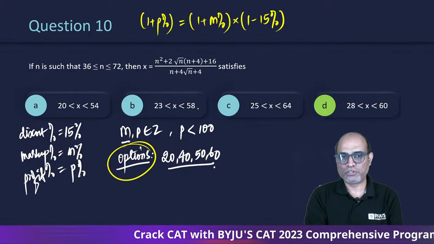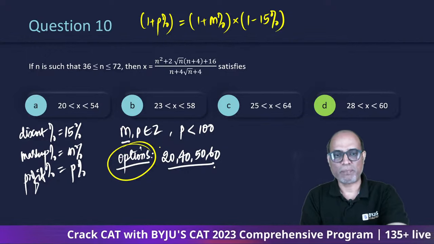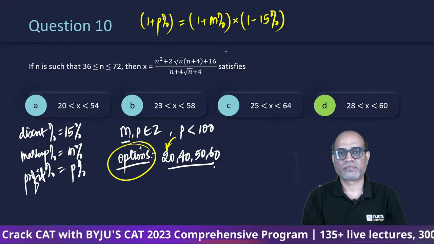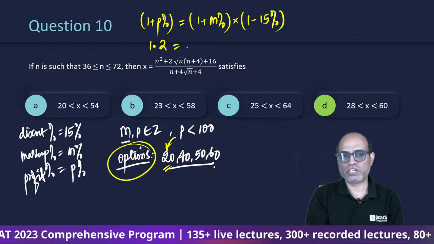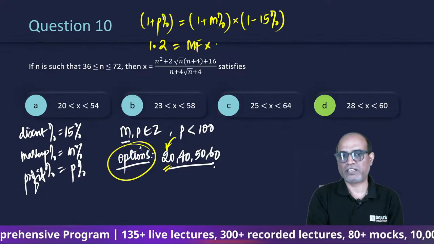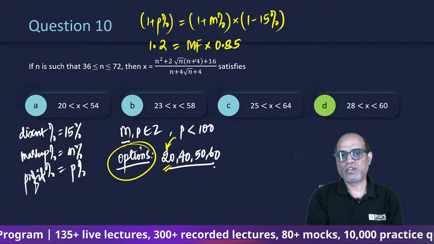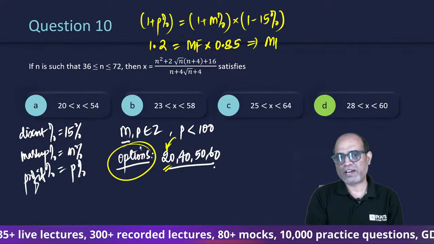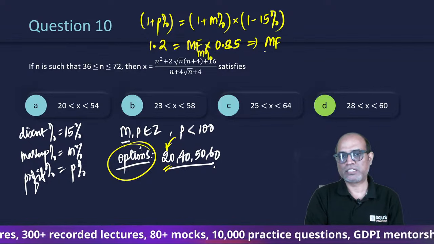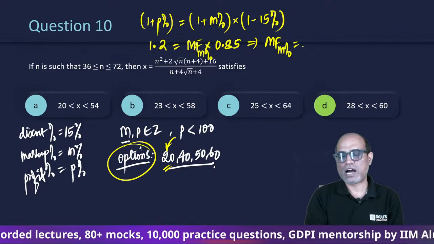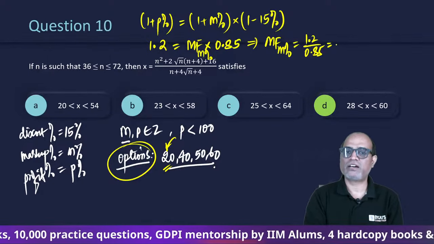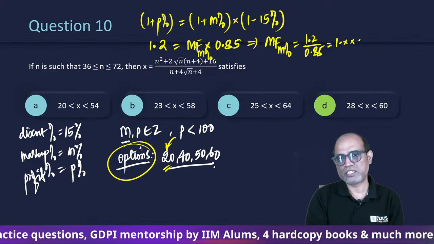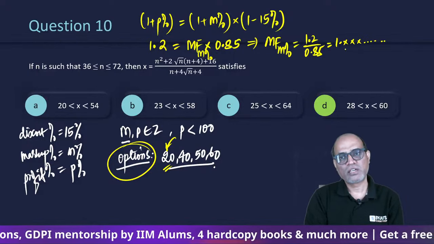So I'll use options, and this is the value of P, right? Suppose profit is 20%. So I'll write 1.2 is equal to some multiplying factor into 0.85. If you find the multiplying factor of markup percentage from here, Ronnie, then you will get 1.2 by 0.85, which will come to 1 point something something something.